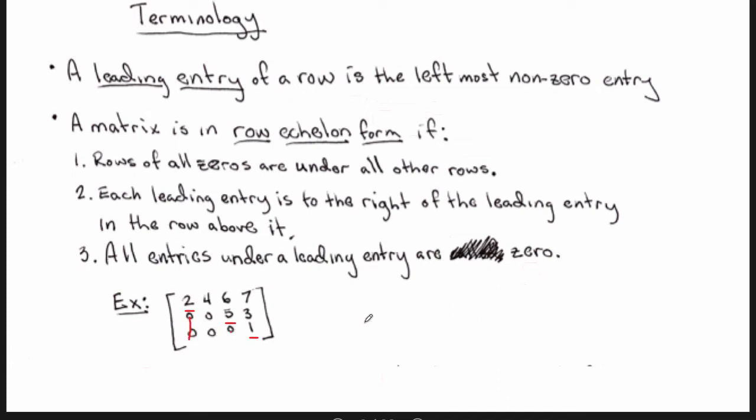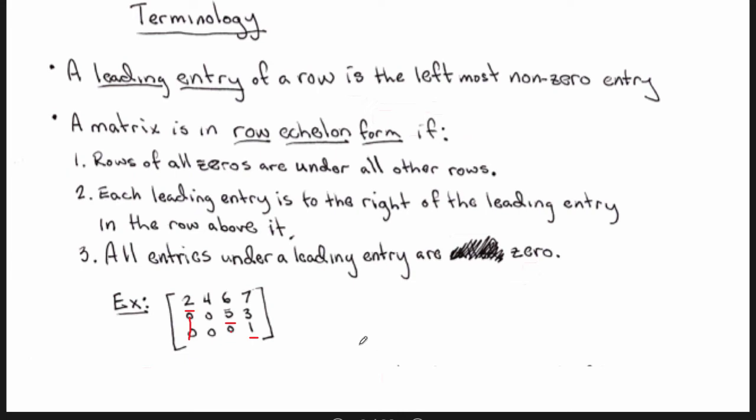So this is in row echelon form. Notice that this 4 is not a leading entry. It has zeros below it just because this had to be a leading entry and this is a leading entry, but we're not too concerned about this. These are our leading entries.